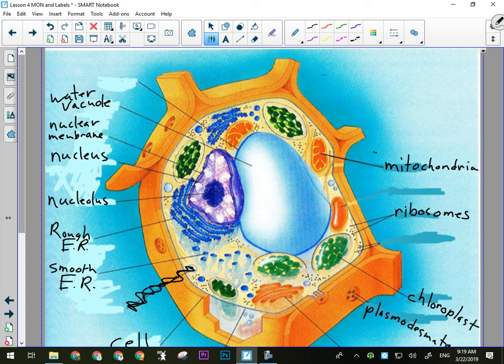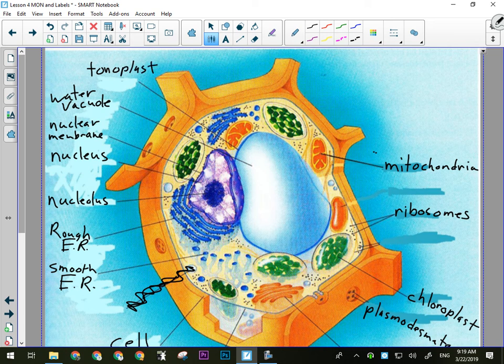So it's naturally drawn out of the water vacuole and into the cytoplasm. It's not that the plant is actively pulling its water reserves, they just naturally move out of there if the plant becomes dehydrated. All right, and then there's a special membrane around that called the tonoplast. That's what that's pointing at.